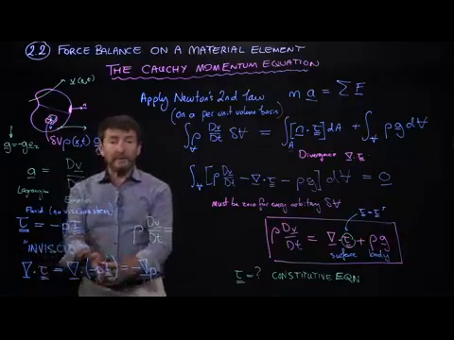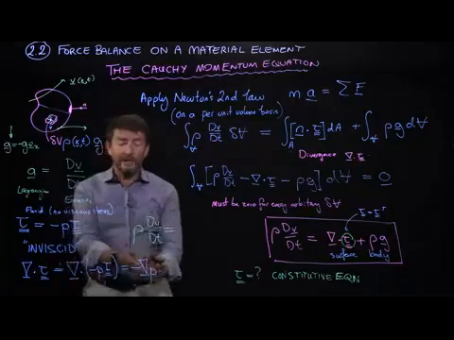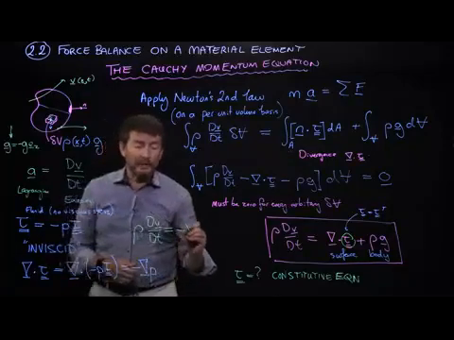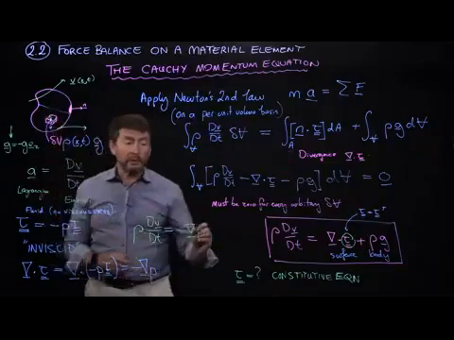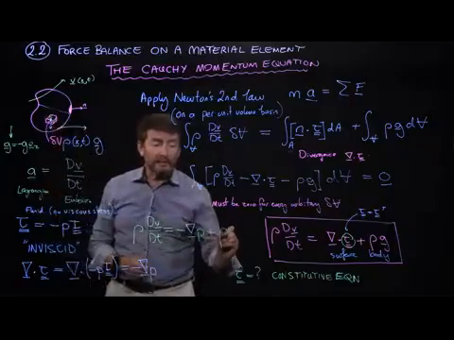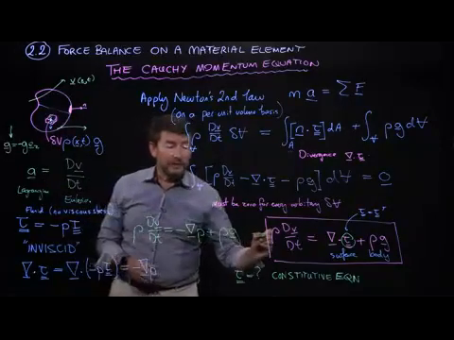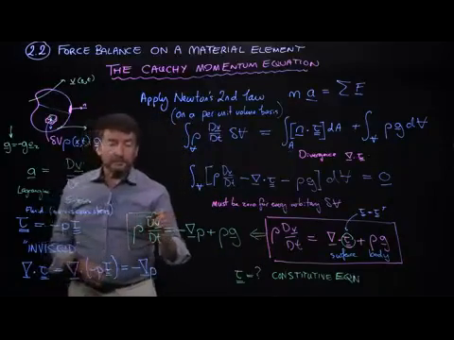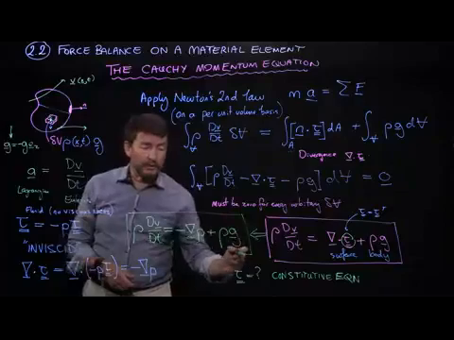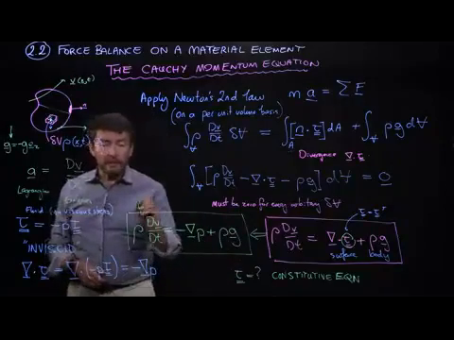The stress happens to be only inward pointing pressure if there's no viscous stresses, so that becomes minus the gradient of the pressure. And then, of course, there's also the body force acting on our material, so we end up with rho g. And so this equation has simplified. This is a simpler equation that is known as the Euler equation.